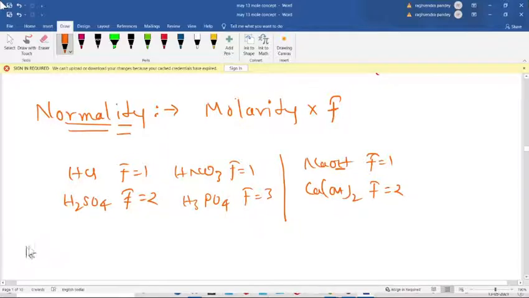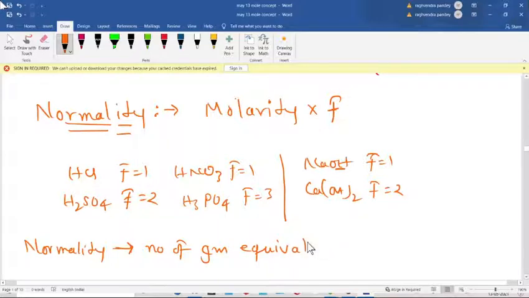Again, normality has various definitions. One definition is the number of gram equivalents, which is written as GE, in 1000 ml solution.